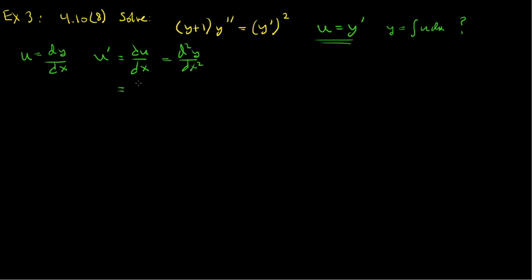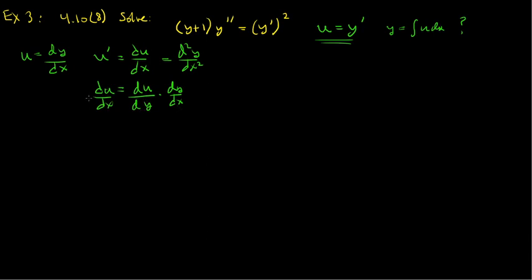But here's the key. We can reverse the chain rule. We can write this as the derivative of u with respect to y times the derivative of y with respect to x. So this is du by dx. Yep, it's just du by dy times dy by dx.